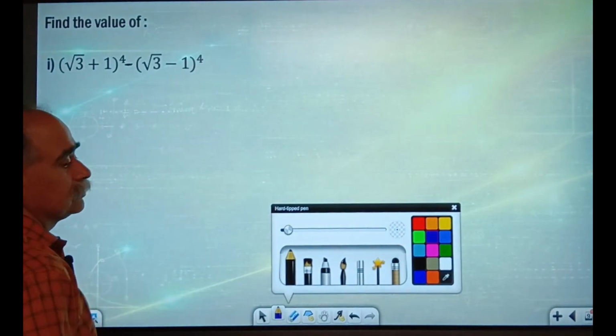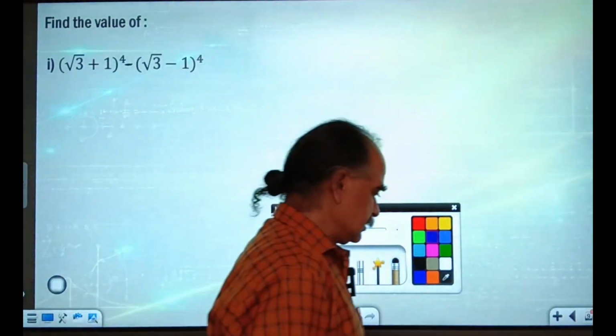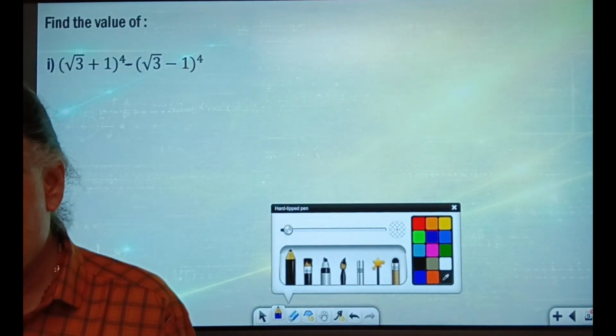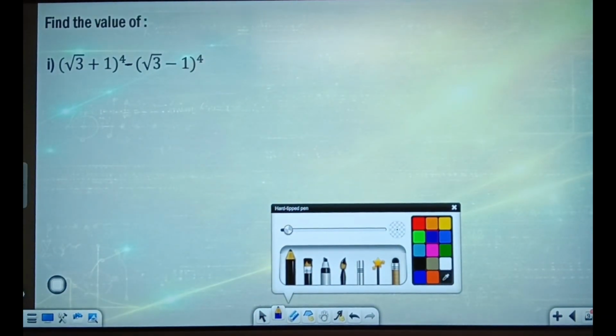Now this problem I will do by theory method, and the next problem I will do by shortcut method, exactly similar type.